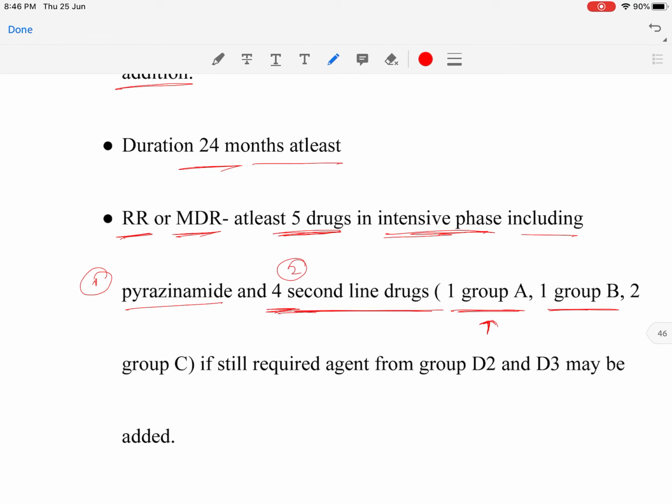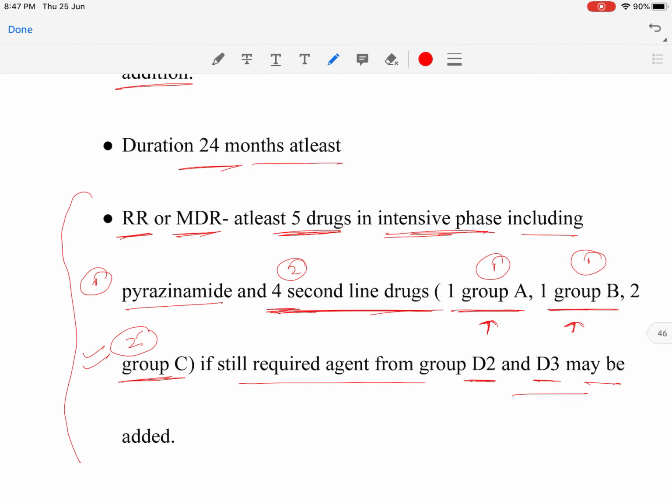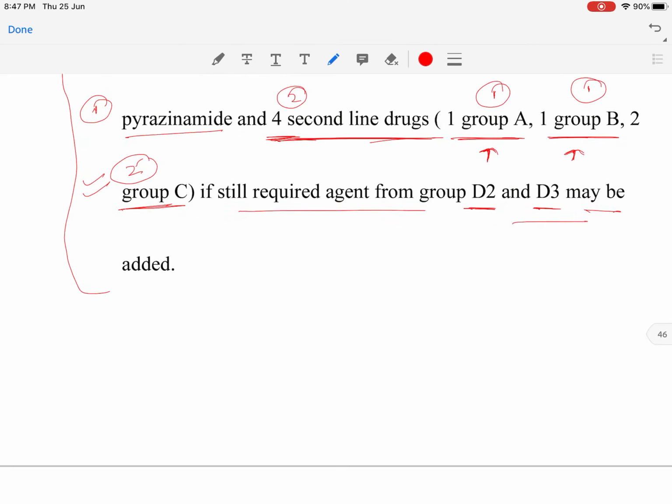Group B, the injectable aminoglycosides. Group C, which has ethionamide, cycloserine, and if still required, group D2 and D3 may be added. So we have 4 second line drugs: one from group A, one from group B and 2 from group C. We will start the patient with this regimen in case of MDR or rifampicin resistant TB.